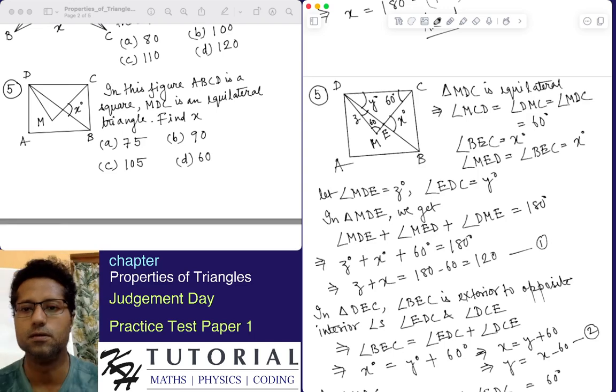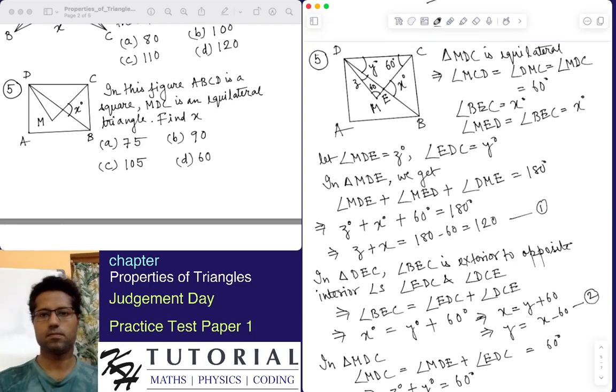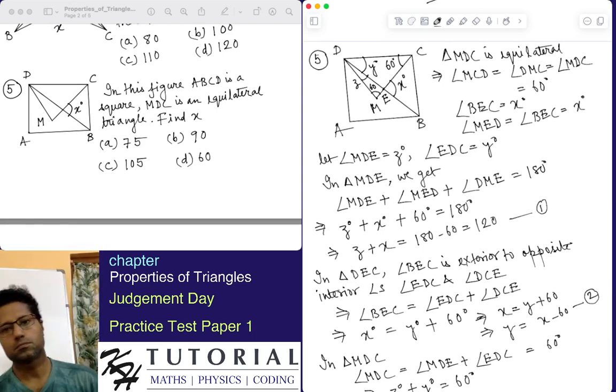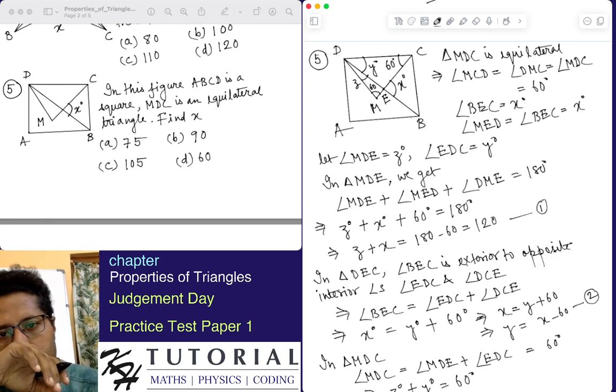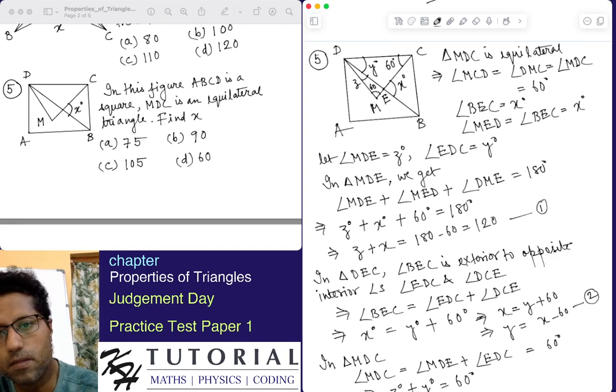X will be Y plus 60. Can we? Z plus 180 minus X equals Z plus 60. We are getting a relation between Z and X.